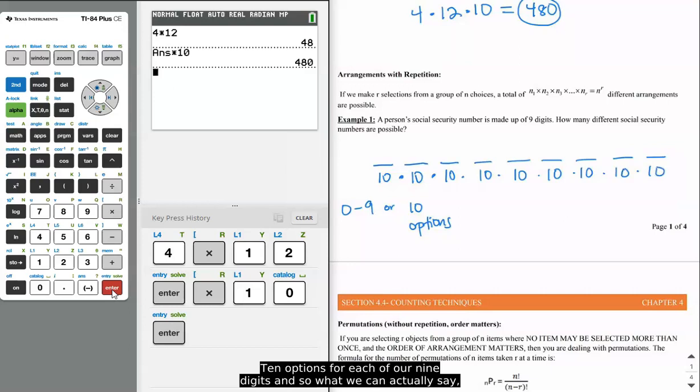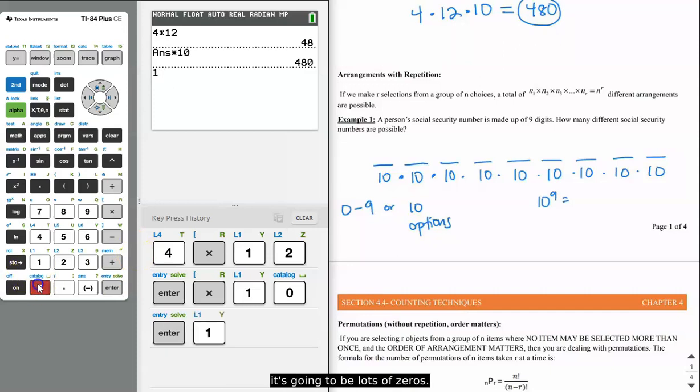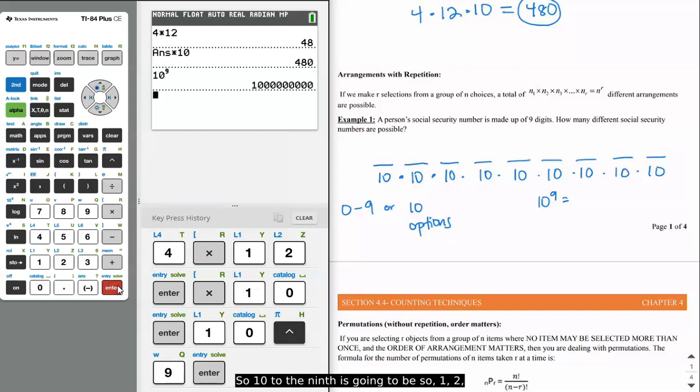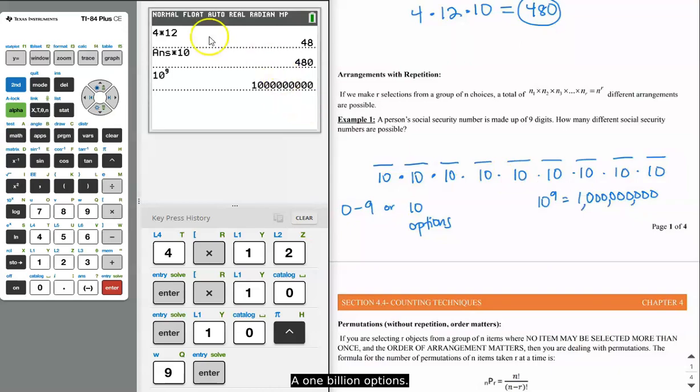And so what we can actually say, instead of 10 times 10 times 10 and so forth, we could say 10 to the 9th. And so 10 to the 9th, it's going to be lots of zeros. It's going to be 9 zeros. So 1, 2, 3, 4, 5, 6, 7, 8, 9, and then I'll add my commas here. So a billion, 1 billion options.